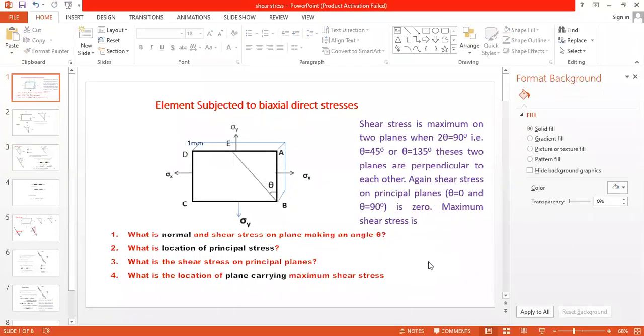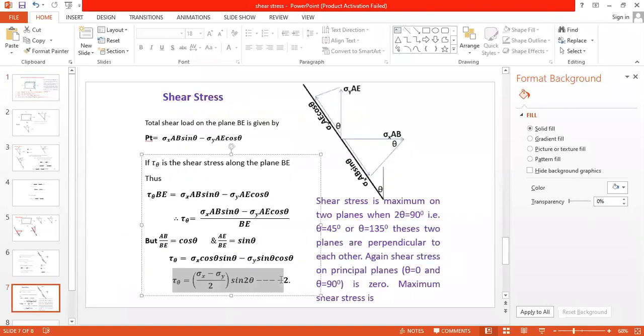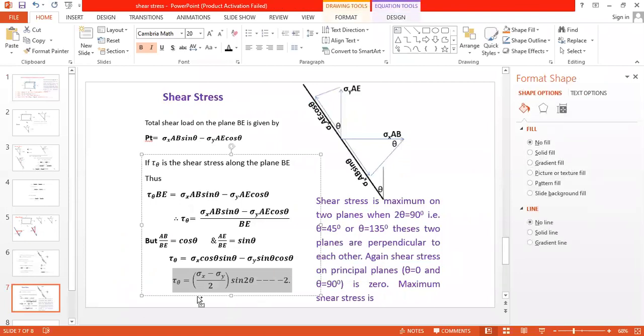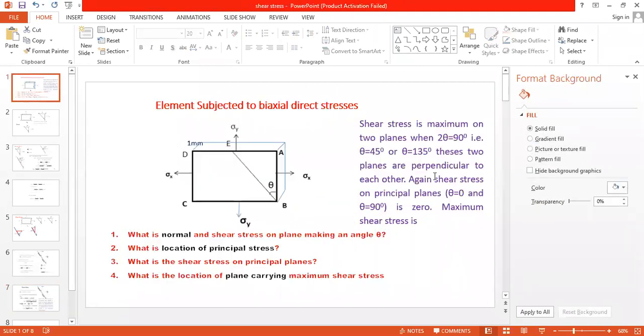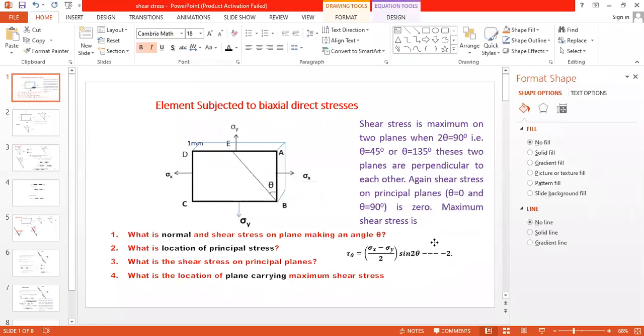Yes, sir. Okay. Now you see here. This is the position of plane carrying maximum shear stress. Now here, this is the equation for the shear stress at an angle theta.